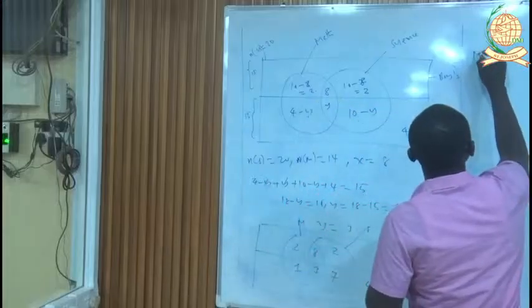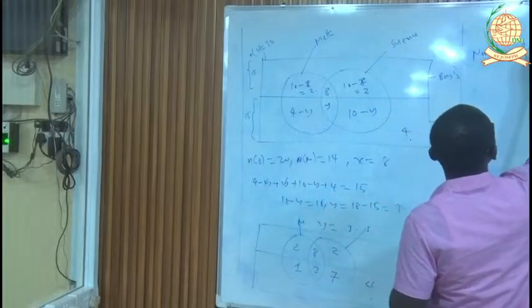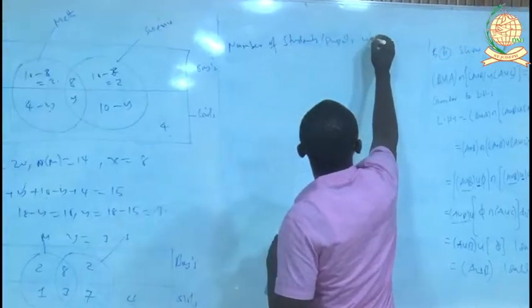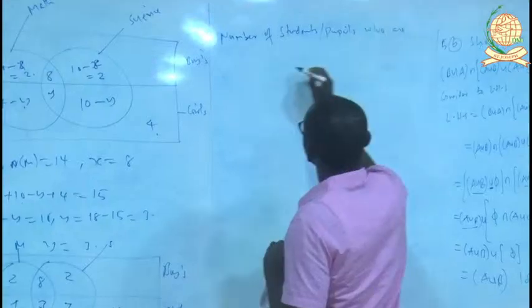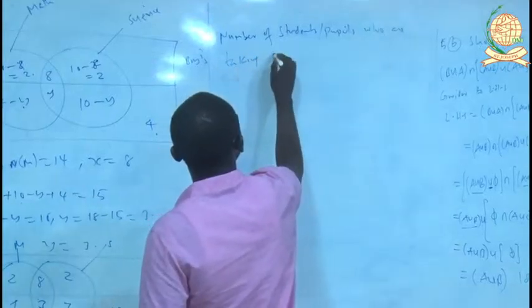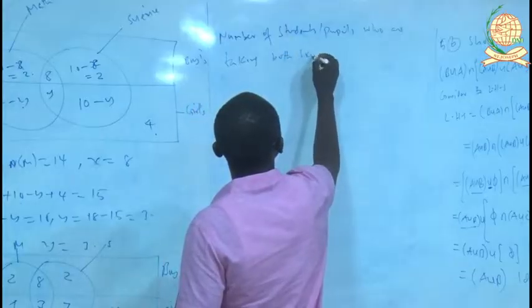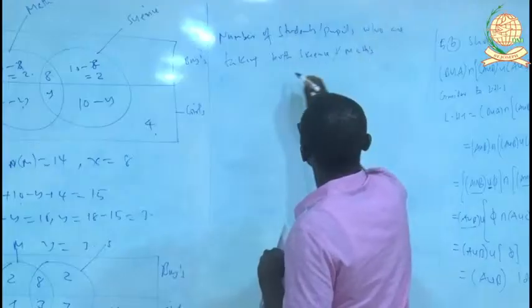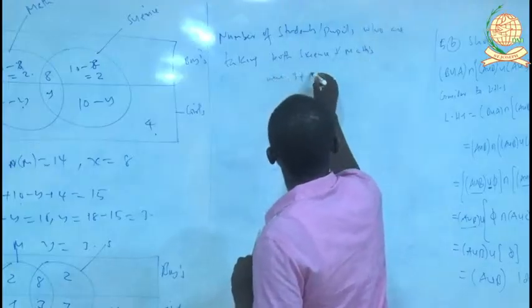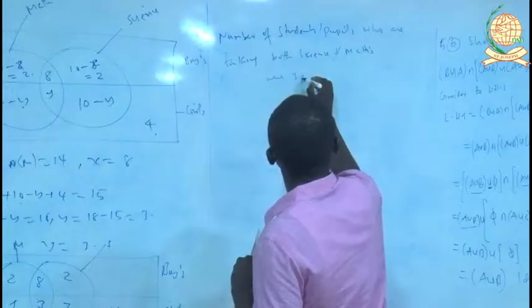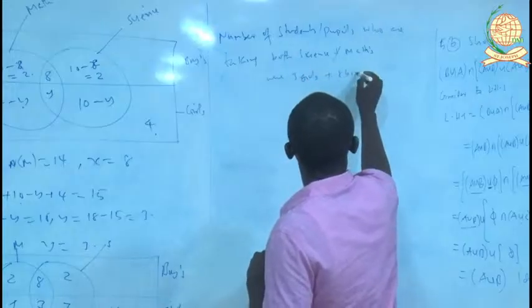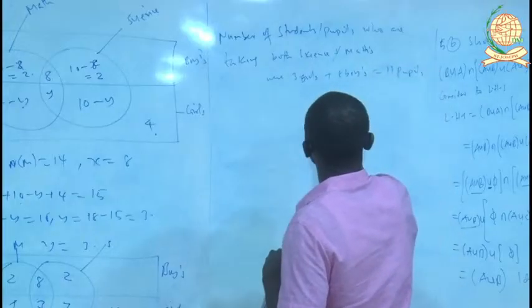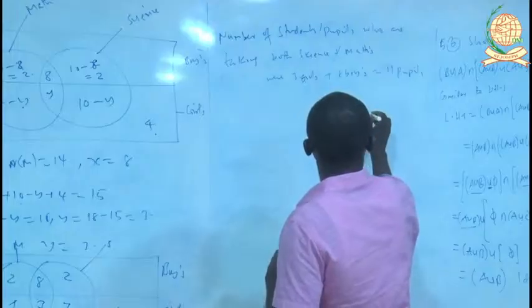So the number of pupils taking both science and math is 3 girls plus 8 boys, which is 11 pupils. So the answer was 11 pupils.